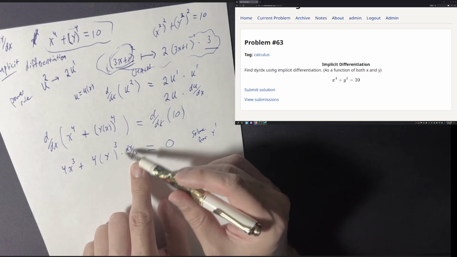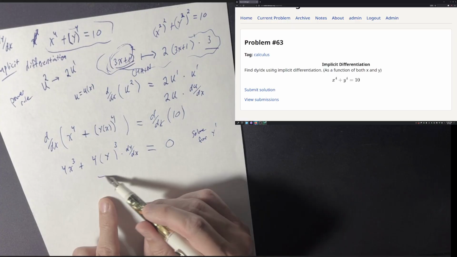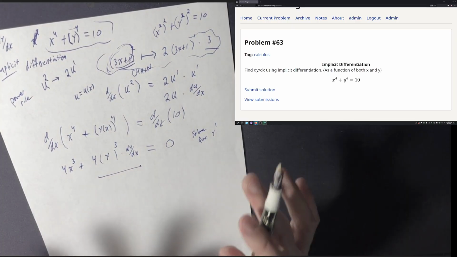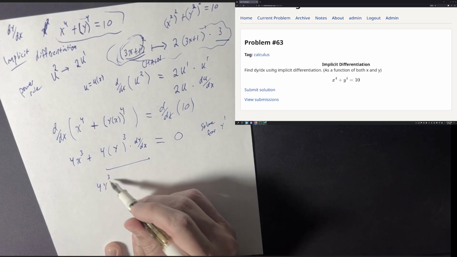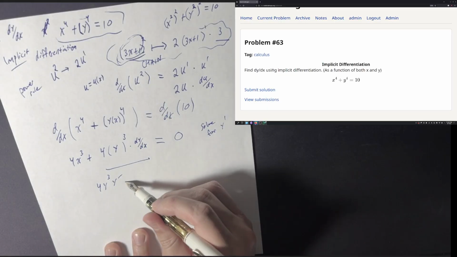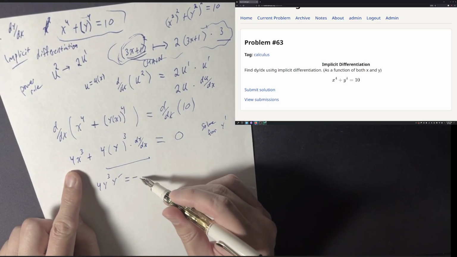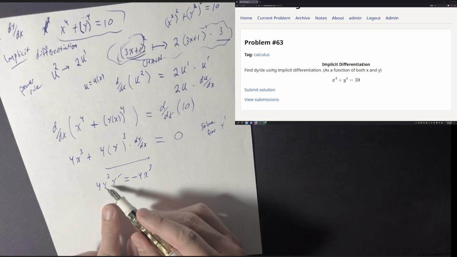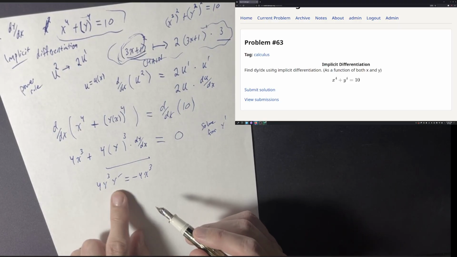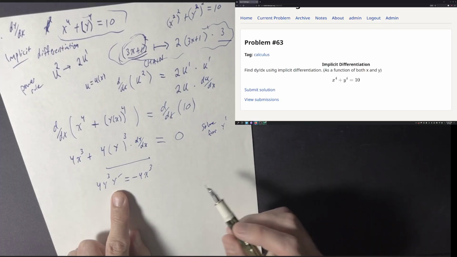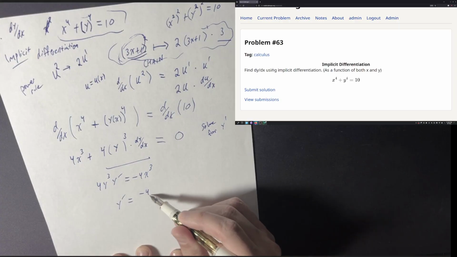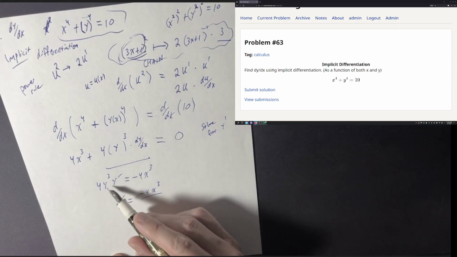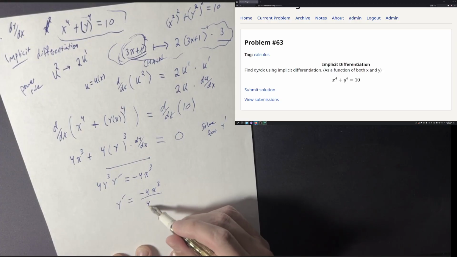So we want to solve for this part. I guess that means you should isolate this part. I'm just doing some algebra here. So subtract 4x cubed. You'll get 4y cubed y prime. And then I'm going to divide by this extra stuff, because I just want to get y prime on its own. So we're going to divide by 4y cubed.